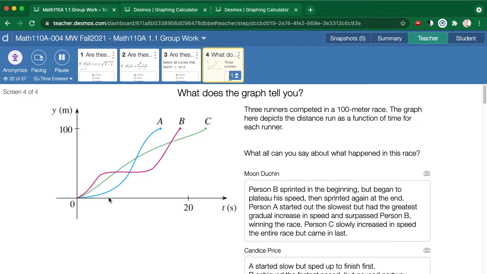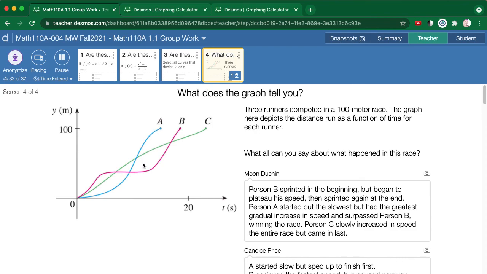This really gets at the essence of what we're studying in calculus. Calculus is about an in-depth study of functions, and saying more about, runner A reached 100 meters after this amount of time, that's one way to say it. But then there's so much to say about how runner A was going very slowly at the beginning and then went really, really fast and then slowed down a little bit at the end.